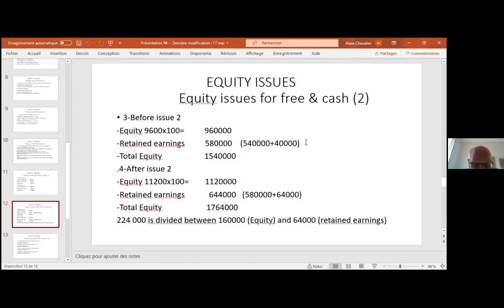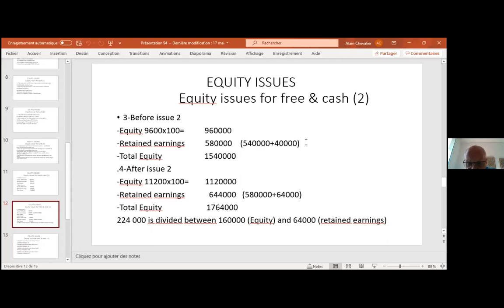And the only place where it can be integrated is in the retained earnings. So what you have to do is to increase retained earnings by the number of shares which are issued, which is 1,600, multiplied by the difference between the price, 140, minus the nominal value, 100, which is equal to 40.